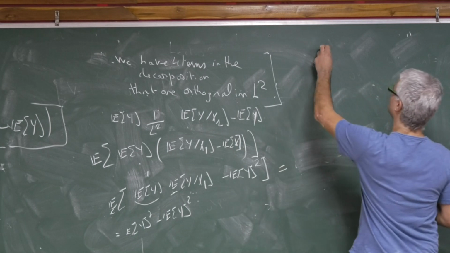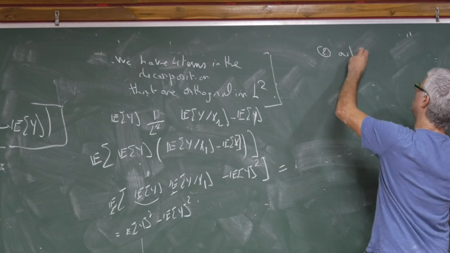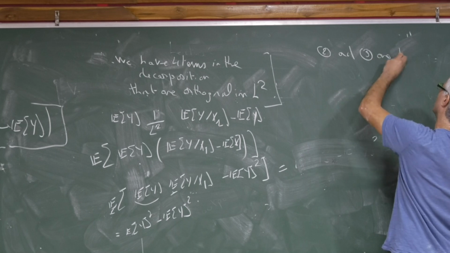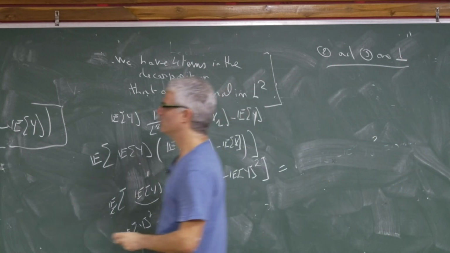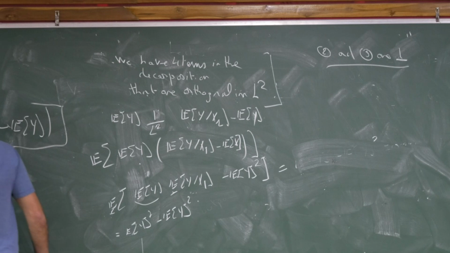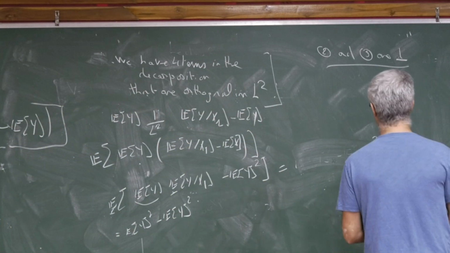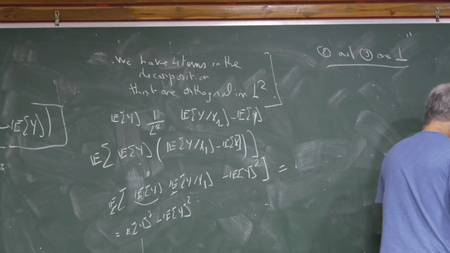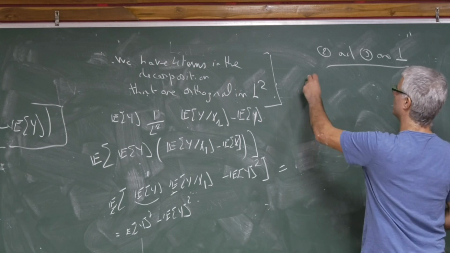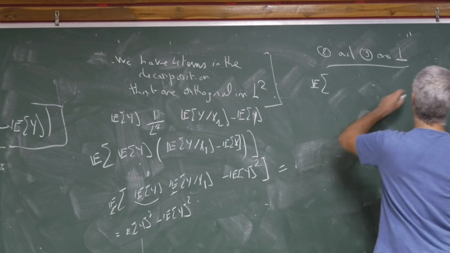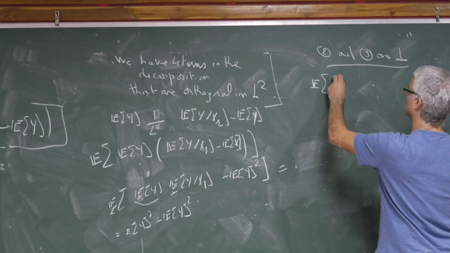Maybe I can show you that. Okay, so this is 2, this is 3, this is 1, and this one is 4, okay? So you compute the expected value of the product of 2 with 3.